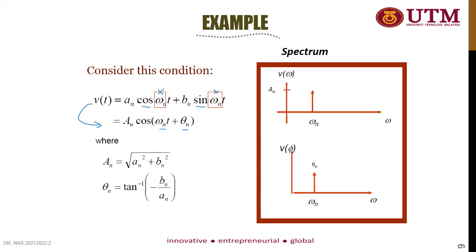To calculate cn, it is the square root of an squared plus bn squared, and theta n is given by inverse tangent of negative bn over an. These are basically the coefficients of the function. Please notice that an is for the cosine term, while bn is for the sine term.